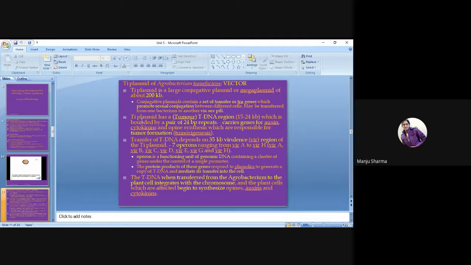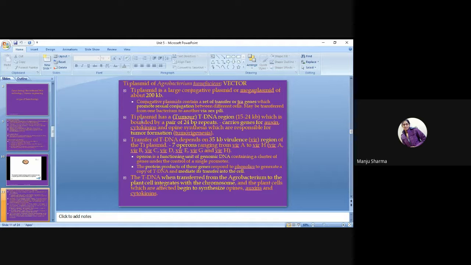The protein products of these genes respond to phenolics to generate a copy of T-DNA and mediate its transfer into the cell.